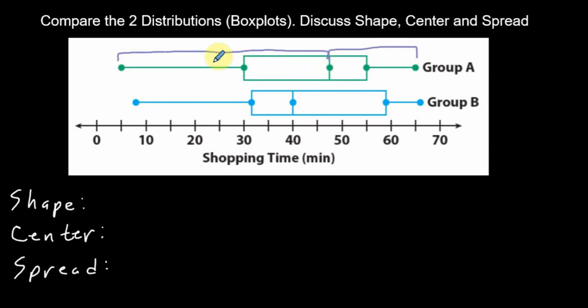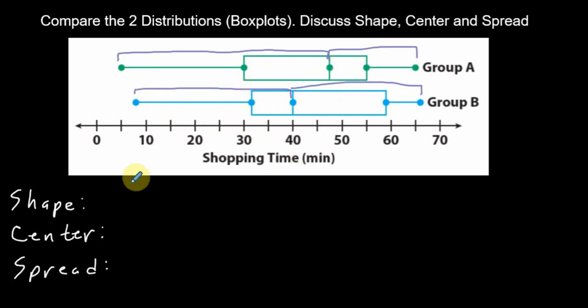You can see the lower 50% is far more stretched out than the upper 50%. So we would call that skewed left. This set of data, the bottom 50% is here, the top 50% is here. Yeah, that's fairly balanced. We've got about the same stretch to the left as the right.